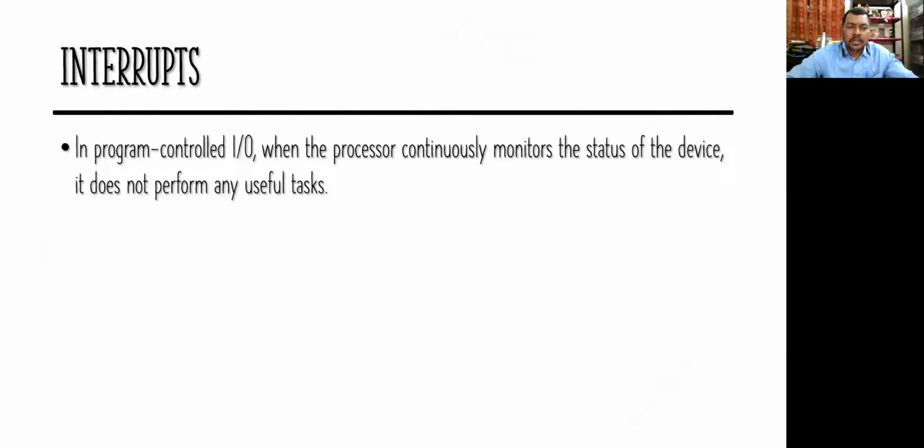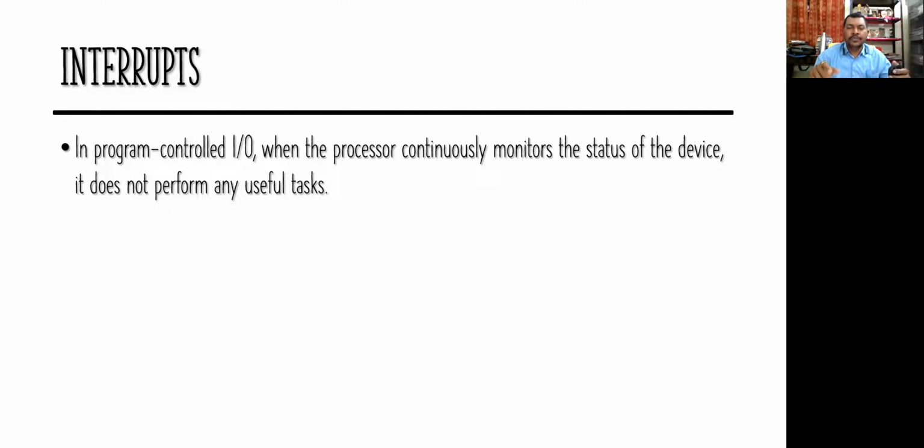So what happens in a program control input output is that the processor continuously monitors the status of the device, and it does not perform any other task. अगर उसको यही काम दे दिया है कि मेरे को सिर्फ उसको चेक ही करते रहना है, तो वो बाकी के दूसरे काम नहीं कर पाएगा, right?